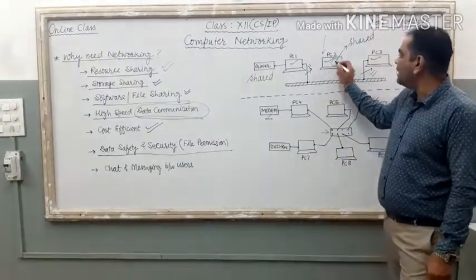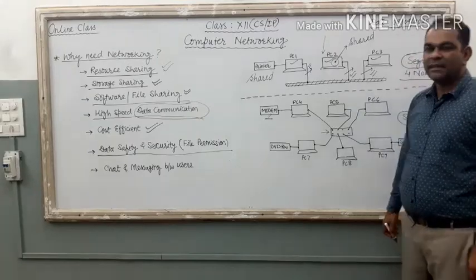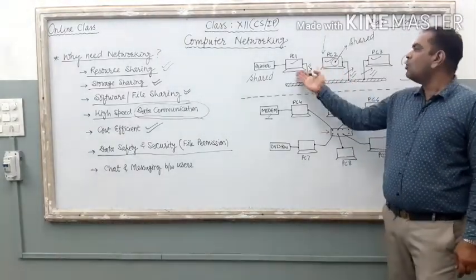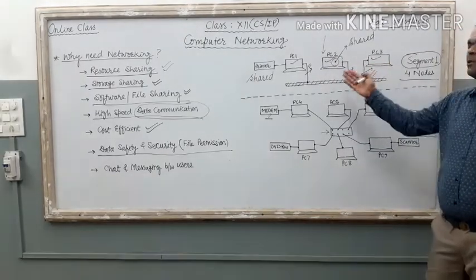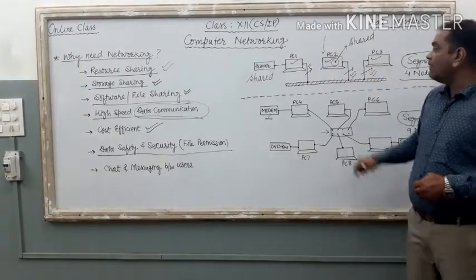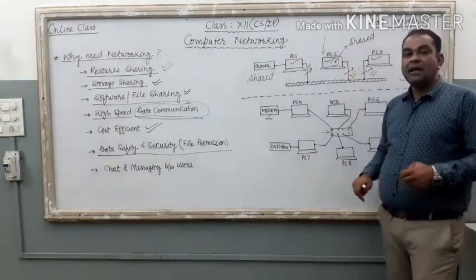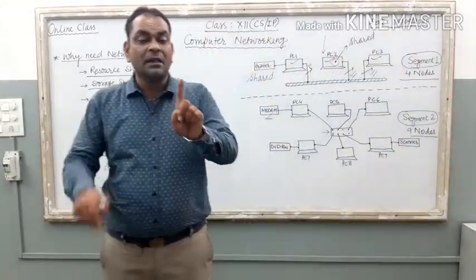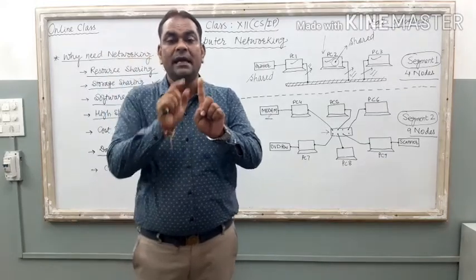Suppose I have my PPT in this computer, PC2, and I want to share my PPT with all these network computers. When I am going to share my file, the computer asks me for the file permission. The first one is read only.